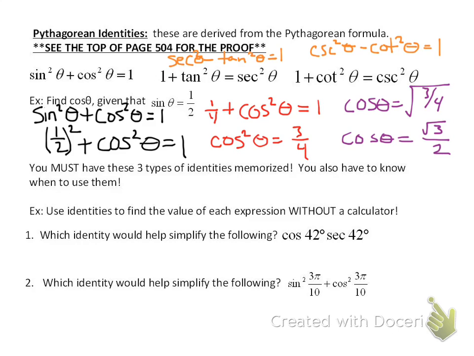So for example, here, we need to simplify cosine of 42 degrees times the secant of 42 degrees. So now looking at your three properties, reciprocal, quotient and Pythagorean, which of the three involves an expression or quote-unquote formula that involves nothing but a cosine and a secant?